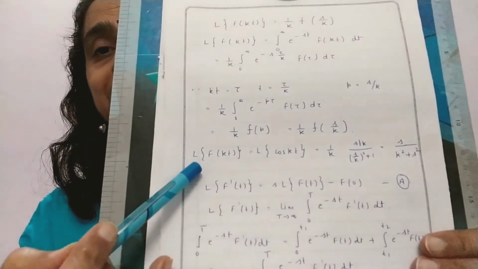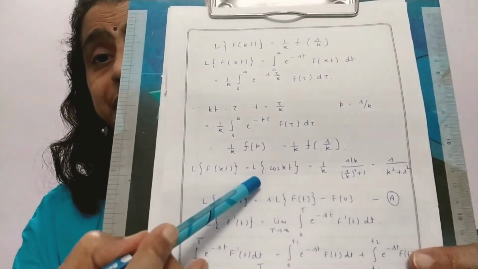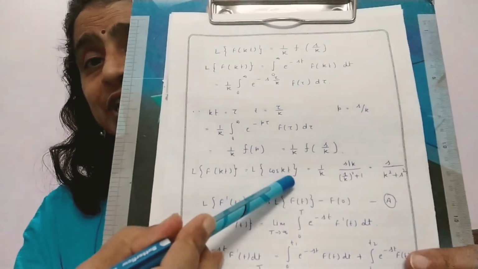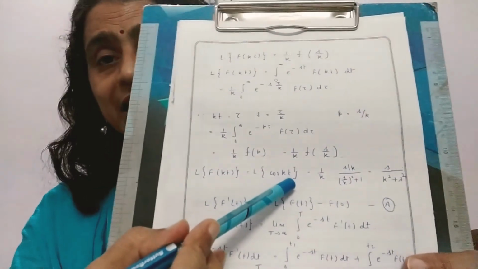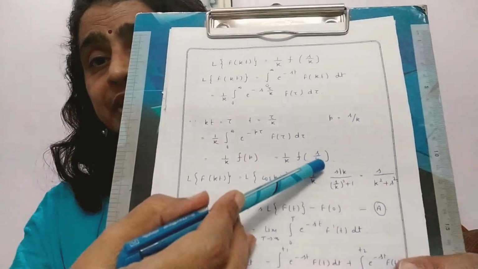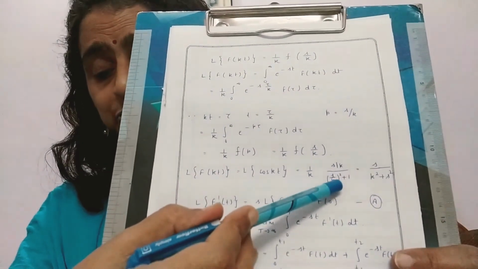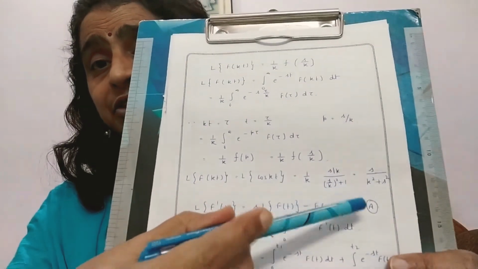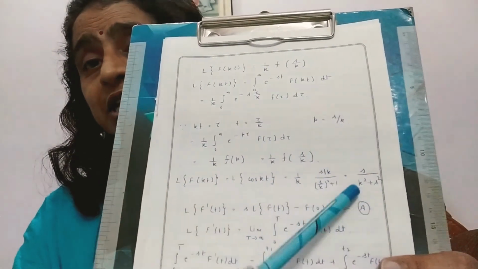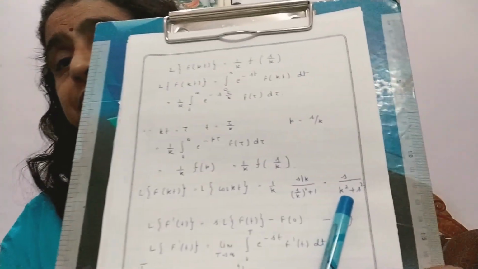So this will be L of f(kt), L of cos kt, and this will be equal to 1 upon k times (s upon k) divided by ((s upon k) square plus 1), which will be equal to s upon (k square plus s square).